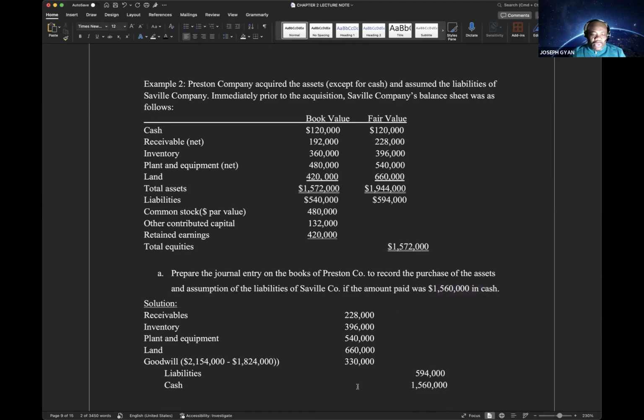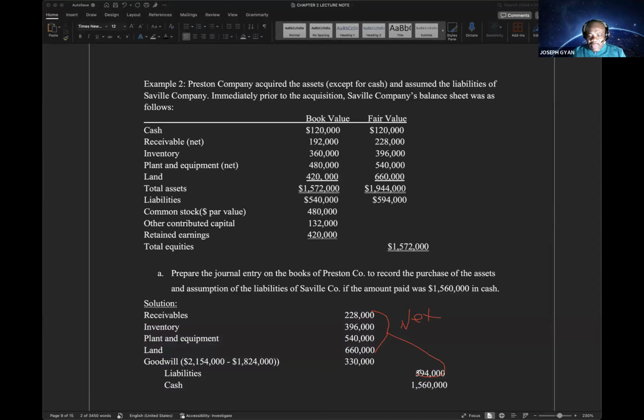So your goodwill is the difference between the total of your debit here, less the total of the credit, or the consideration minus the net identifiable asset, which we know is the difference between this here and this. The difference between these two gives us the net identifiable asset.